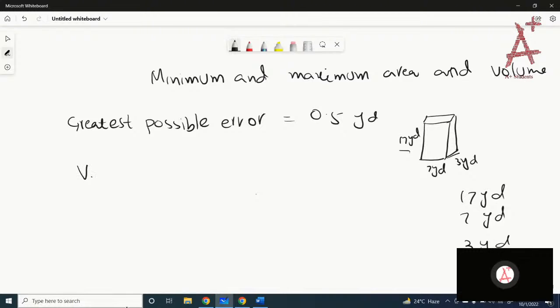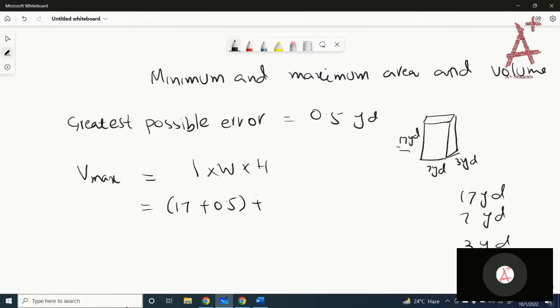So we know that the volume is length times width times height. For the maximum value, for each value you have to add the greatest possible error. The length is 17, so add 17 plus 0.5, which is 17.5.